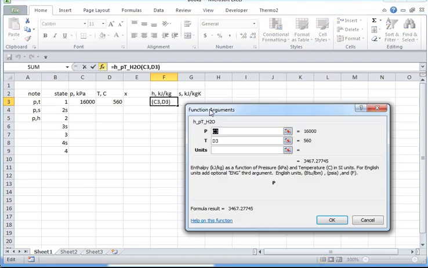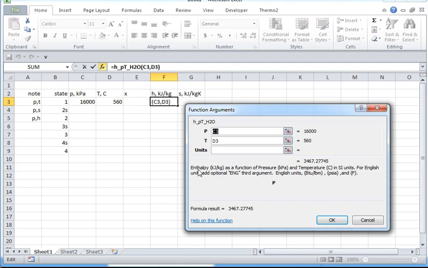Now you want to learn more about that function? Click on that little F right there, and it tells you all about it. It says you're feeding the pressure from cell C3, which has a value of 16,000, and the temperature from D3, which has a value of 560. It's returning an enthalpy of 3467.27754. I know that's a lot of digits. It's excessive. It's just numerical.